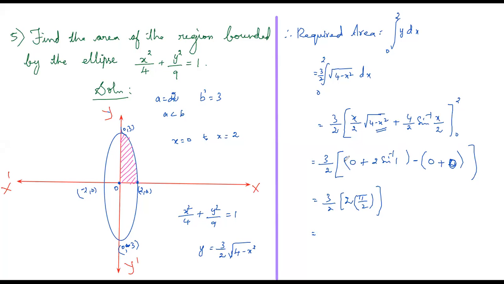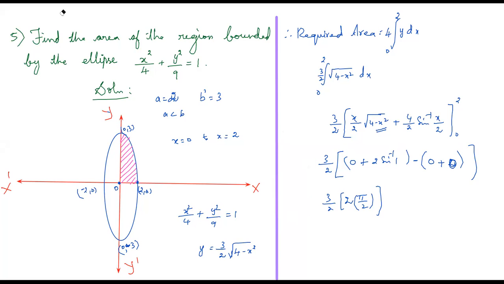So this is the area of the shaded region in the first quadrant, but we want it for four quadrants. Okay, so area bounded by the four parts is 4 times, and you can start it from the beginning itself. It's not needed to do it at last, where you have to multiply it.